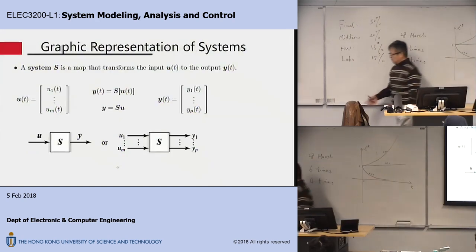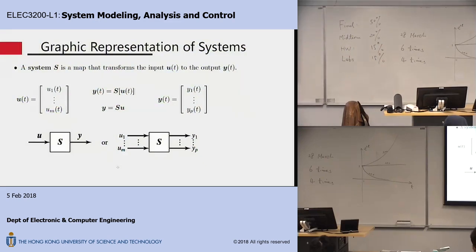So we have some rough idea about signals. Let's now look at a system. A system processes signals. So we often use a block like this to denote a system. Those arrows are signals.